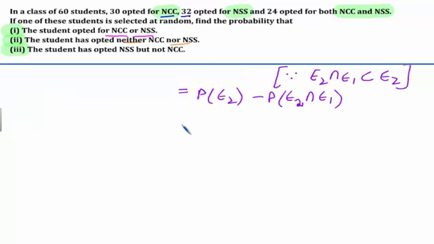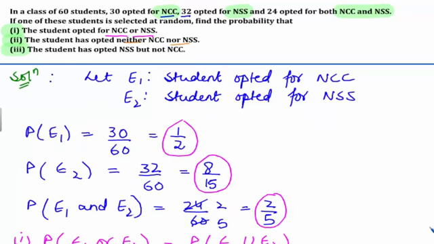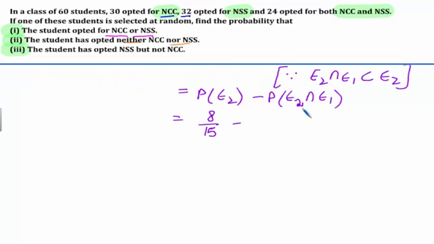Now let us substitute the value. Probability of E2 is 8 upon 15. Here we have found out that probability of E2 is 8 upon 15 minus probability of E2 intersection E1, which is 2 upon 5. So this is equal to 8 minus 6 upon 15, which is equal to 2 upon 15.